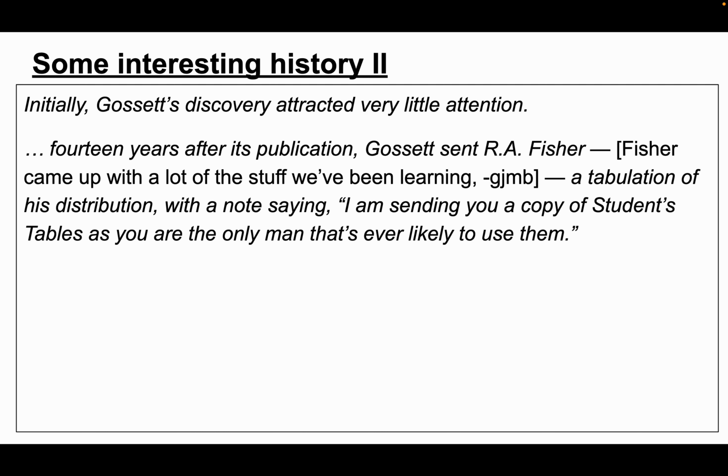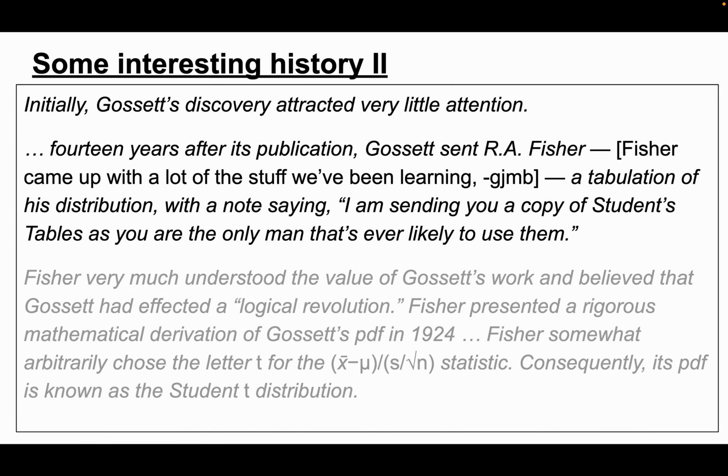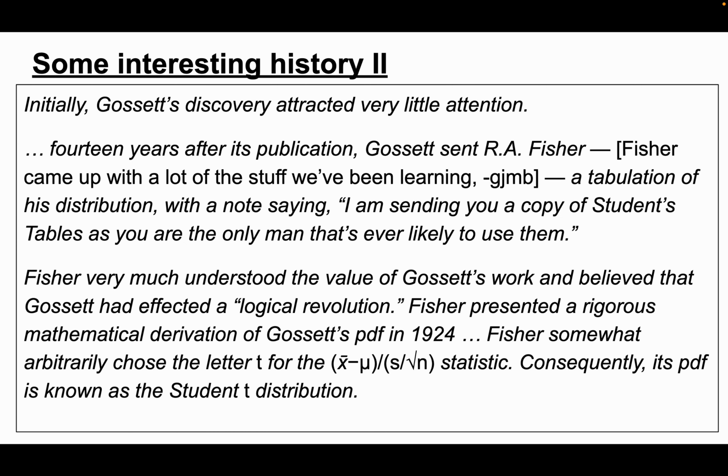So he basically wrote this long shot letter to probably the most prominent statistician in the world at that point, certainly, in retrospect, one of the most decorated statisticians in history. And Fisher said, hey, great, you've totally hit upon something here that's not obvious and is quite important. So Fisher more rigorously derived Gosset's probability density function.